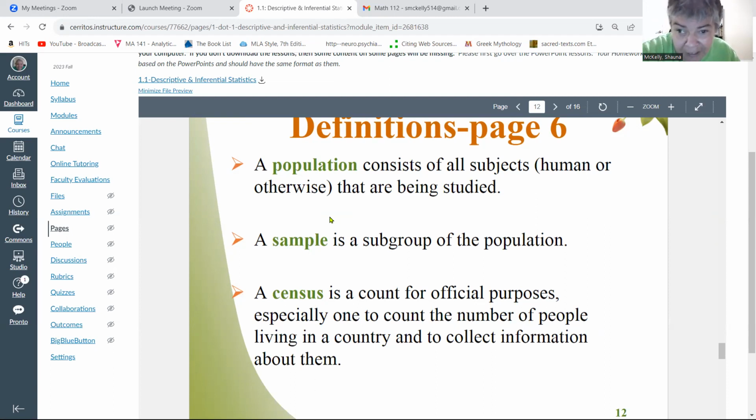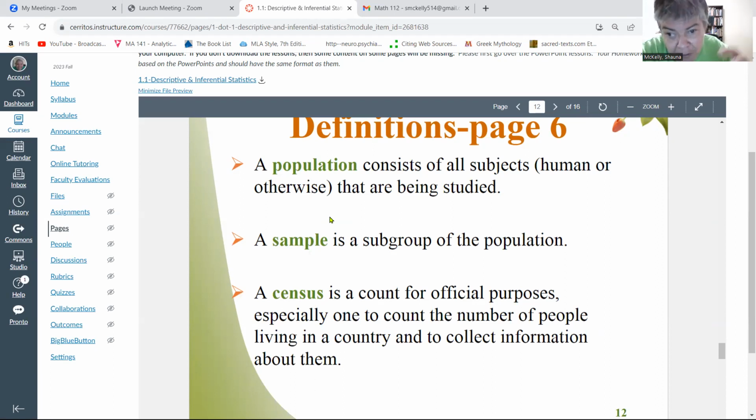But anyway, back to my example. If my population is all students who are in community college in California or college in California, and I then go to each college and I take from each one a certain number of people, say 50 people from each.